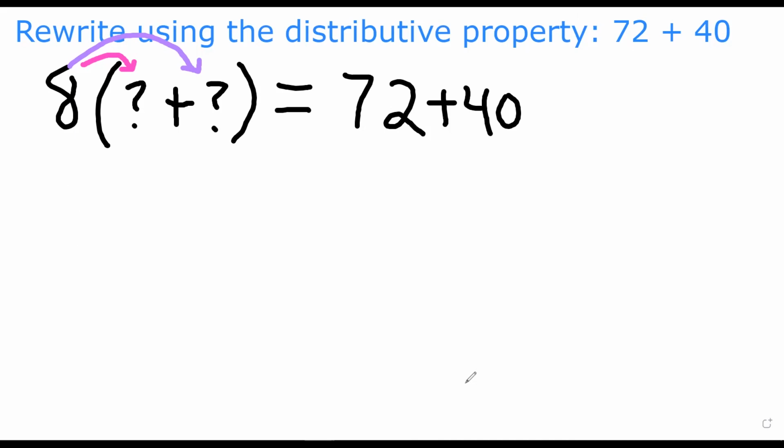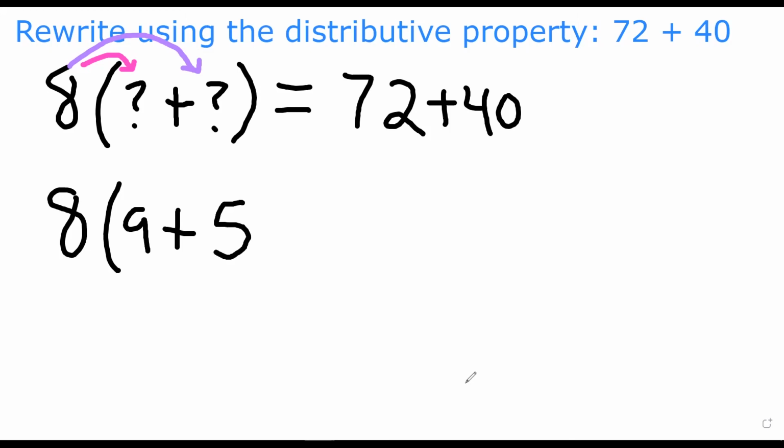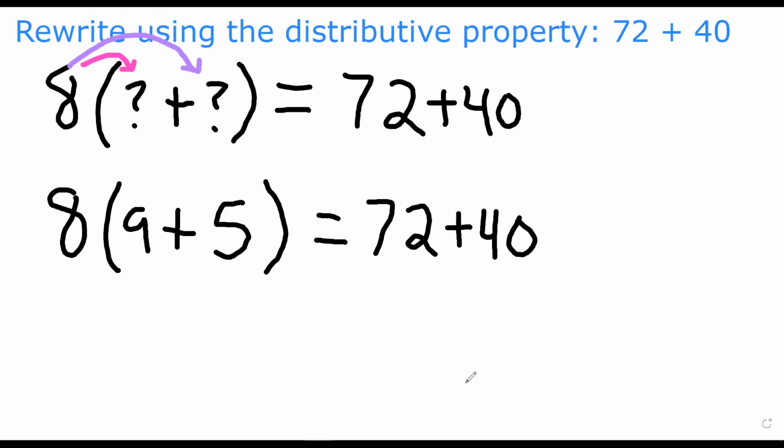We know that 8 times 9 is equal to 72. So, what times 8 is equal to 40? 8 times 5 is 40, so we can plug that in as well. Now this gives us our expression that is equal to 72 plus 40. So if we rewrite the expression 72 plus 40 using the distributive property, we get this expression here.